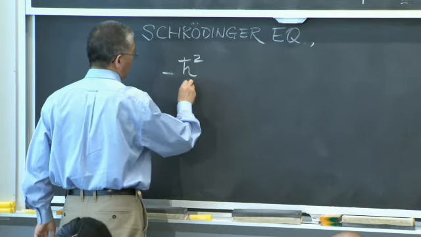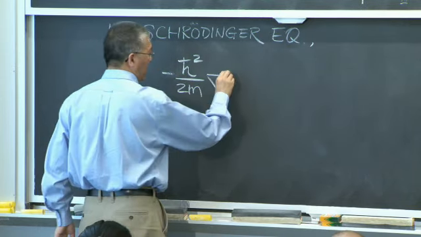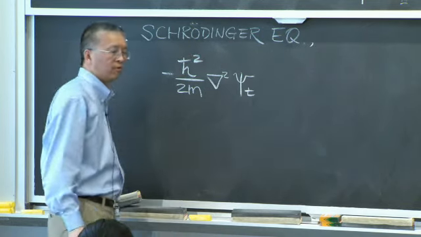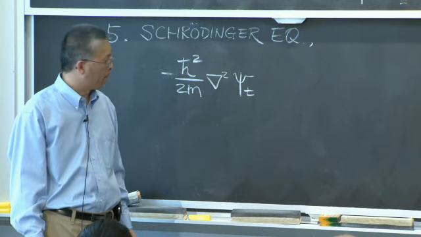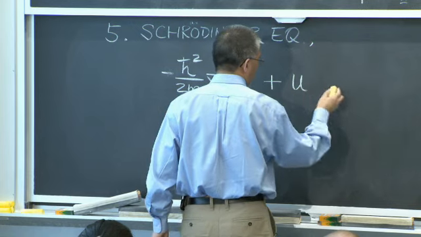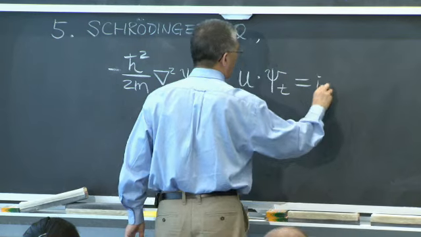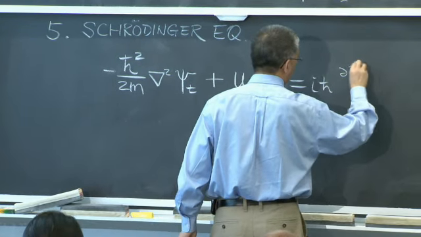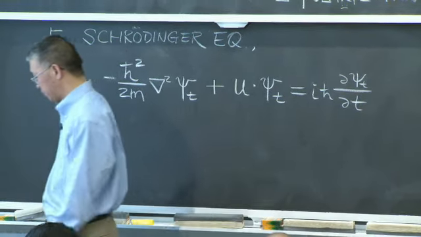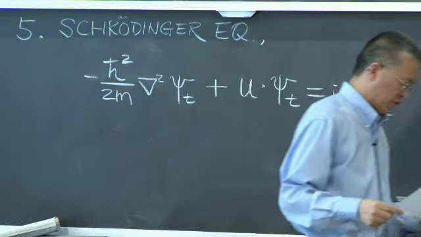And this is the h bar squared over 2m, and that Laplace operator, acting on the wave function, plus the potential times the wave function, equals i h bar times the time derivative of this wave function. Okay, so that's the Schrodinger equation.